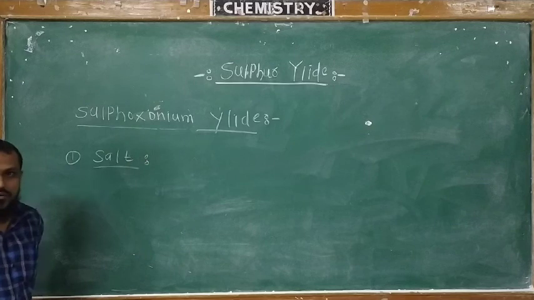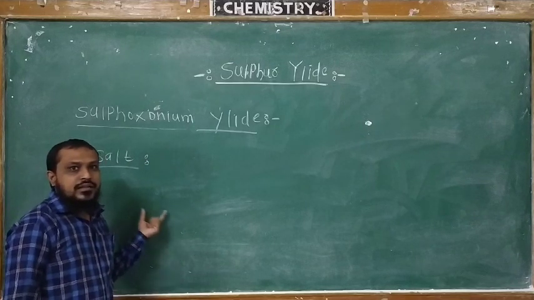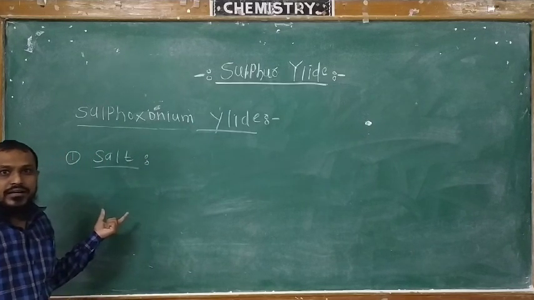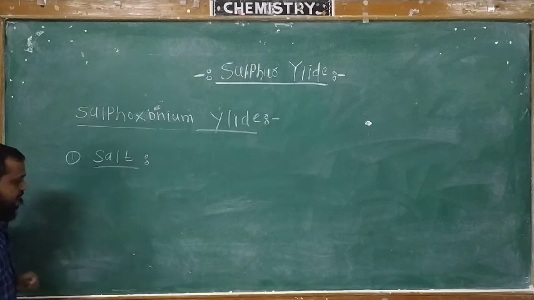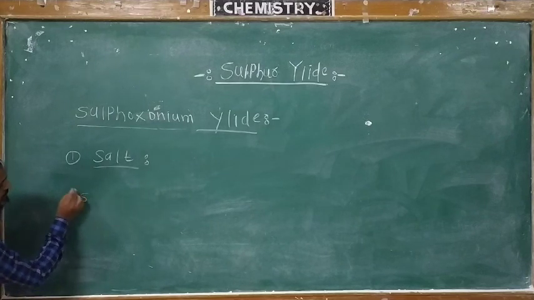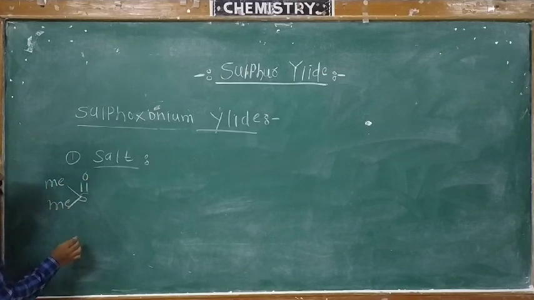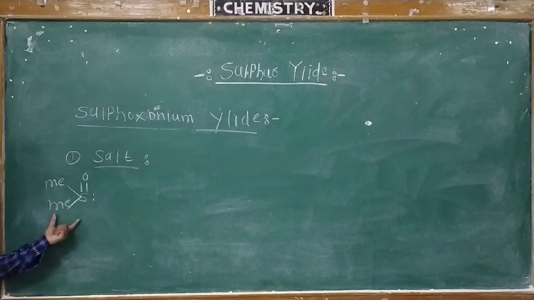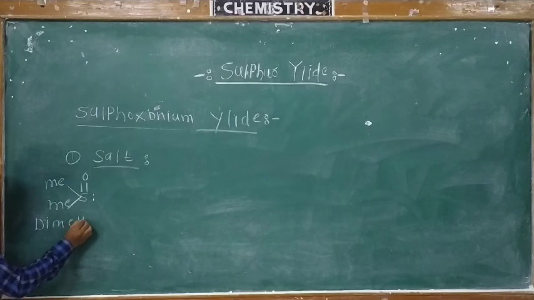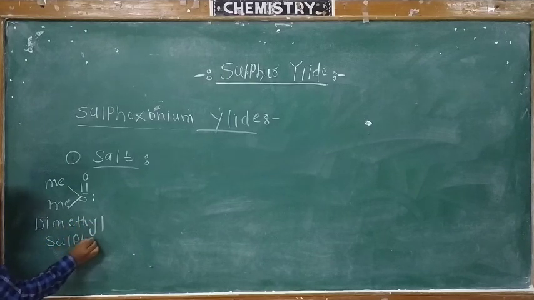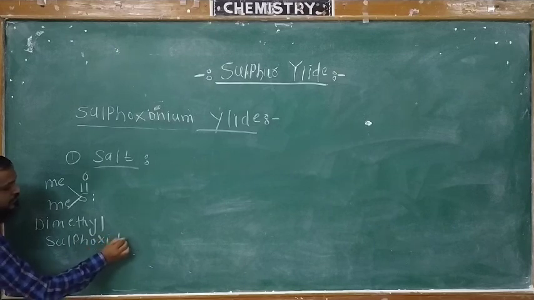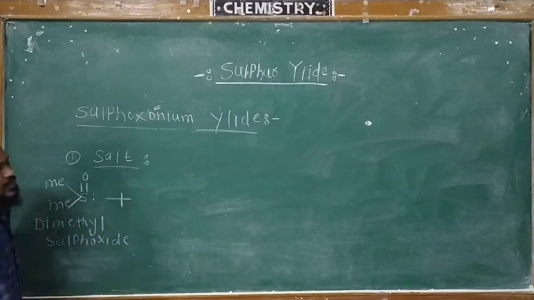How to form the salt? When dimethyl sulfoxide, okay, this is the structure of dimethyl sulfoxide, is treated with any alkyl halide.